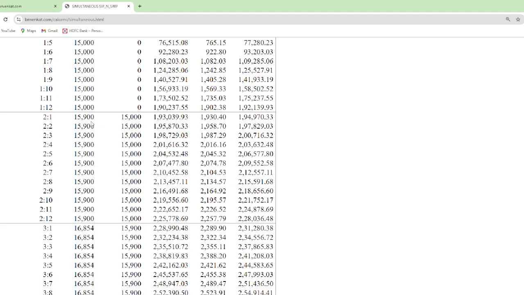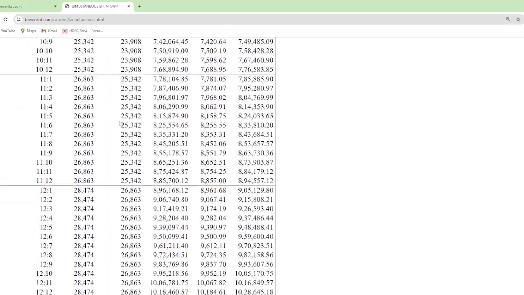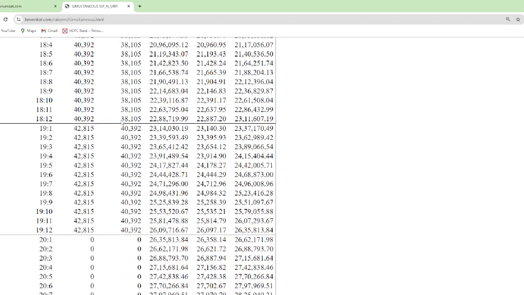Say, okay, let me consider this 15,000 rupees investment and continue up to 19 years. Service period of 19 years, and SWP also stops at that time. The last SIP amount would be 42,815, and balance, all the earlier years' investments are withdrawn.